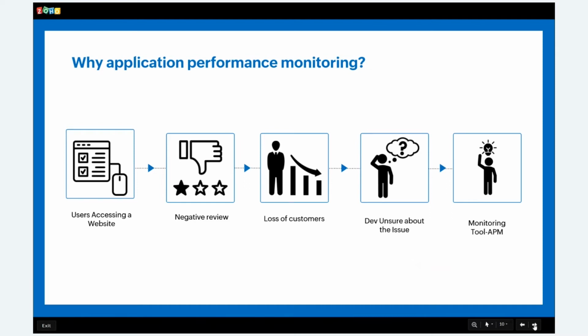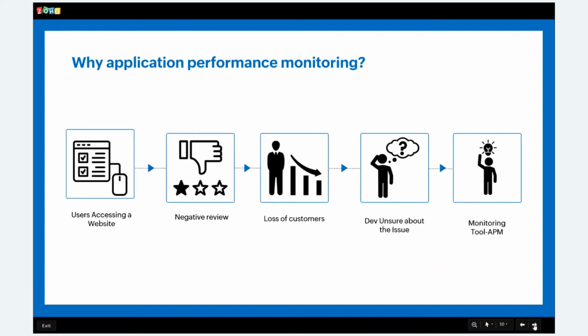When there are more negative reviews, and these days we rely on reviews before we do anything, whether we order at a restaurant or anything, obviously there will be a loss of customers. When the customers tend to decrease, the developer is unsure about what exactly the issue is and why there is a loss of customers.